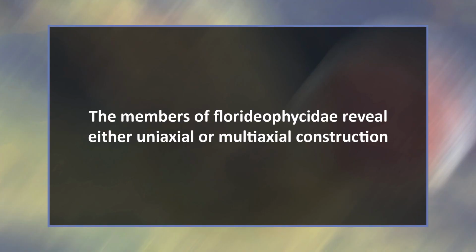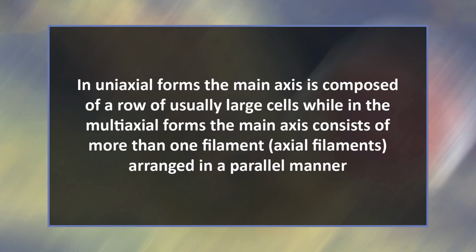The members of Florideophycidae reveal either uniaxial or multiaxial construction. In uniaxial forms, the main axis is composed of a row of usually large cells, while in the multiaxial forms, the main axis consists of more than one filament, arranged in a parallel manner.